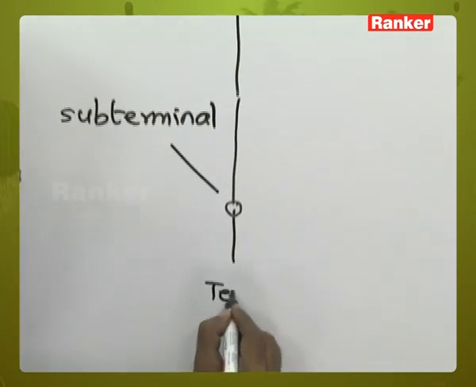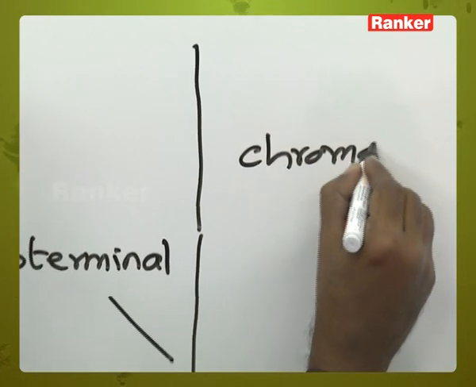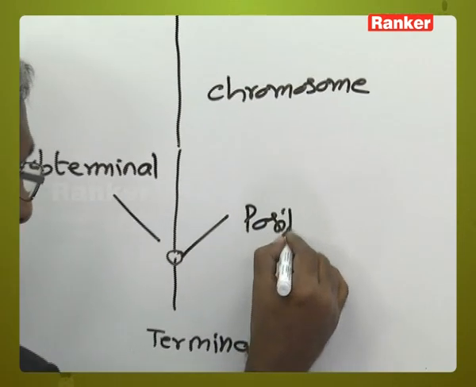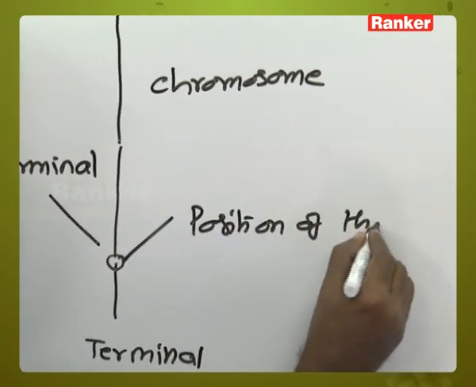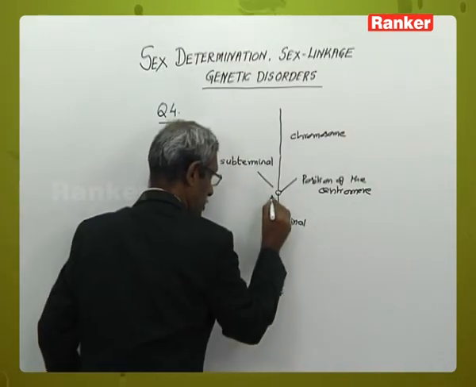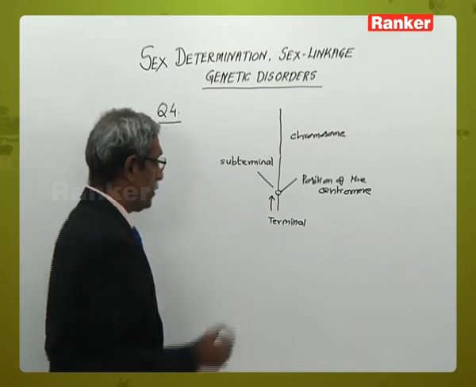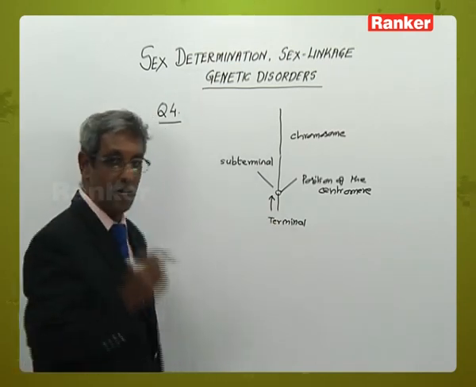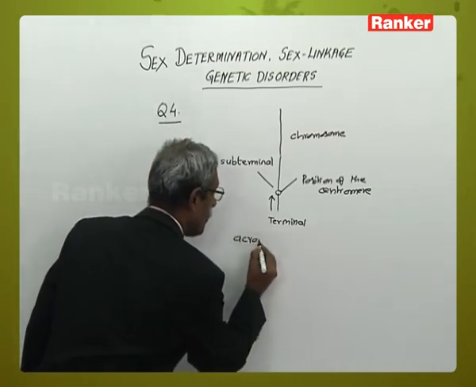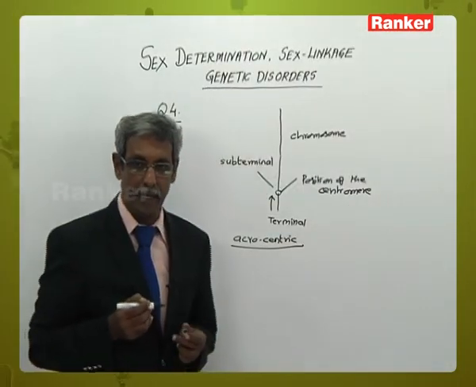If this is the terminal end of a chromosome, we have this position of the centromere just a little behind the terminal end. So this sort of a centromere is predominantly termed as acrocentric.